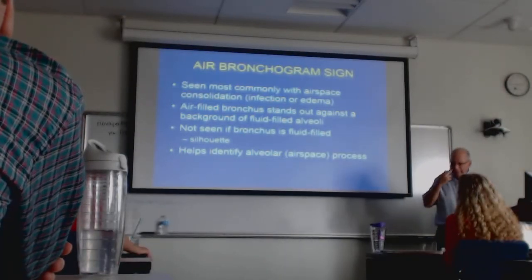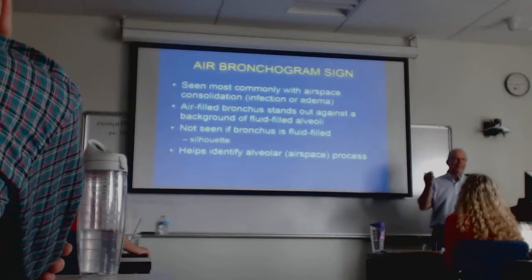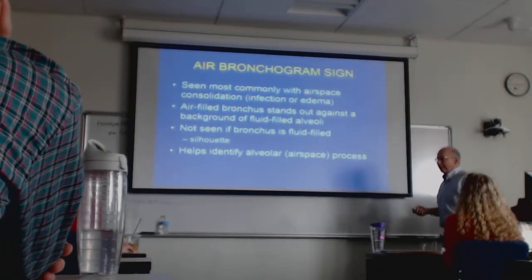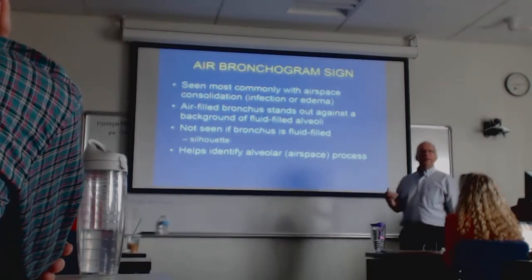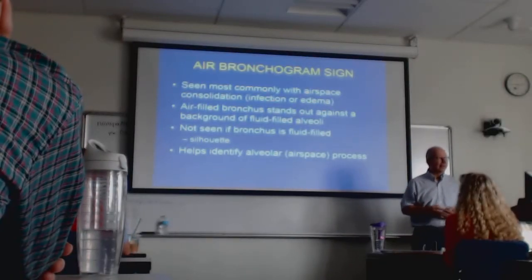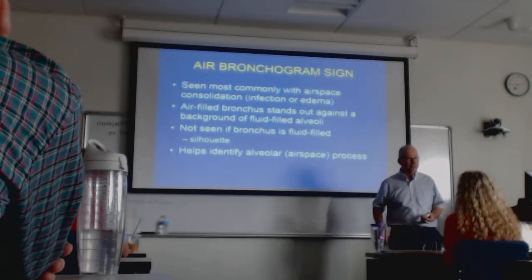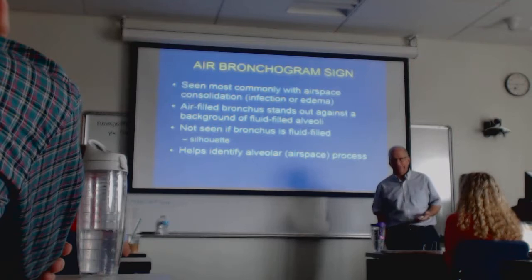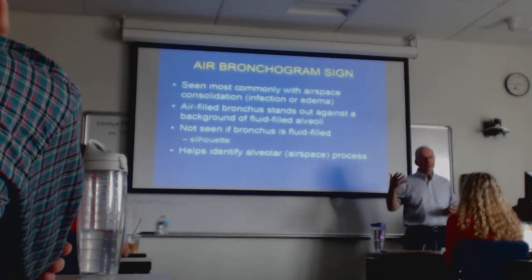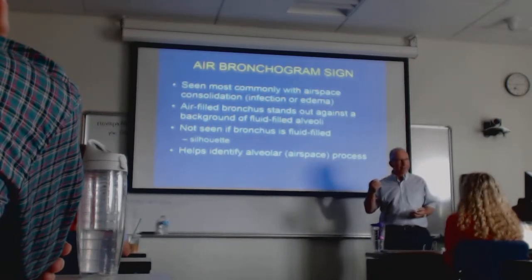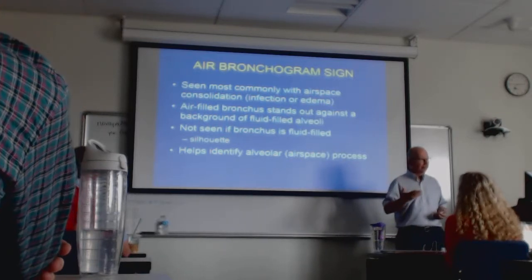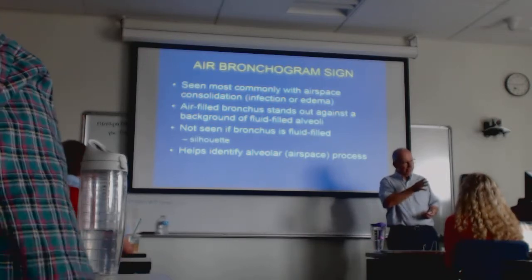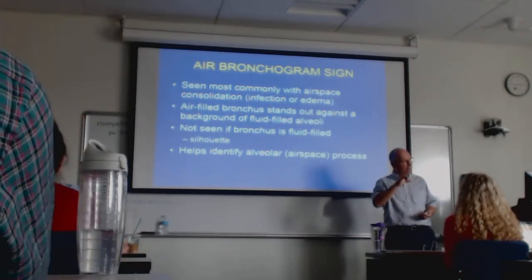So there's the silhouette sign, and then its friend is the air bronchogram sign. These lung segments and lobes that get diseased, these airspace diseases, where the airspaces get filled up with something, pus, blood, whatever. Remember that there are tubes of air that are supposed to be bringing air into that lung. Those tubes are not necessarily all microscopic. As you get closer to the hilum, the tubes get bigger and bigger, right?